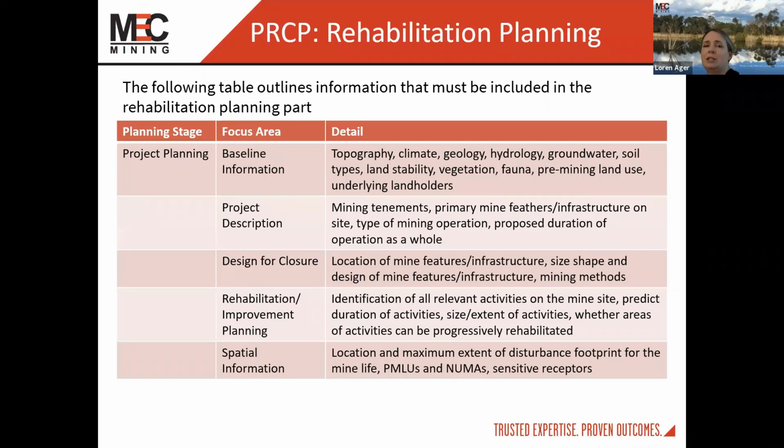So the baseline information is considered necessary by the authority. So this is things that you would generically have pretty much from the start of your mine site, and something that we would include in a lot of normal documentation, and not something that would seem slightly unusual. So it's not in addition to what you would normally have in your environmental documents.